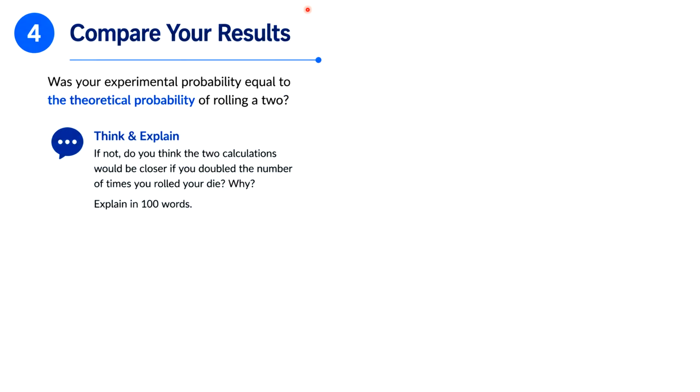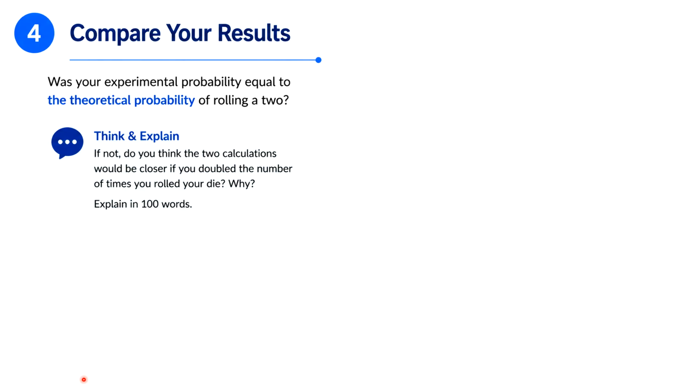Finally, compare your results. Ask yourself, was your experimental probability exactly the same as the theoretical probability? If not, the assignment asks another important question. Do you think your experimental probability would become closer to the theoretical probability if you doubled the number of rolls?